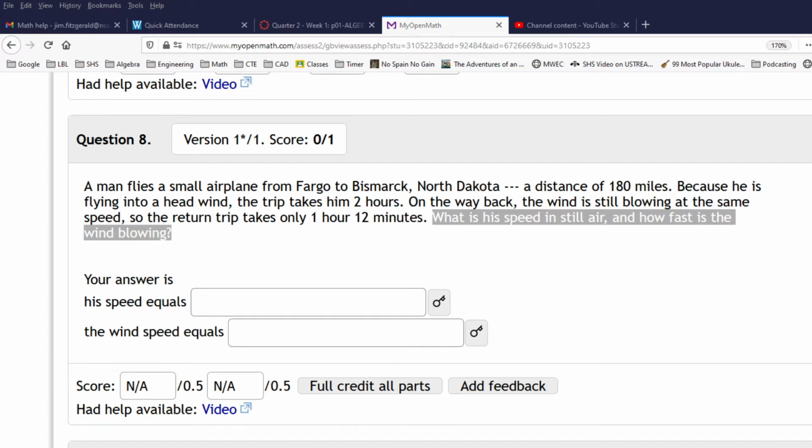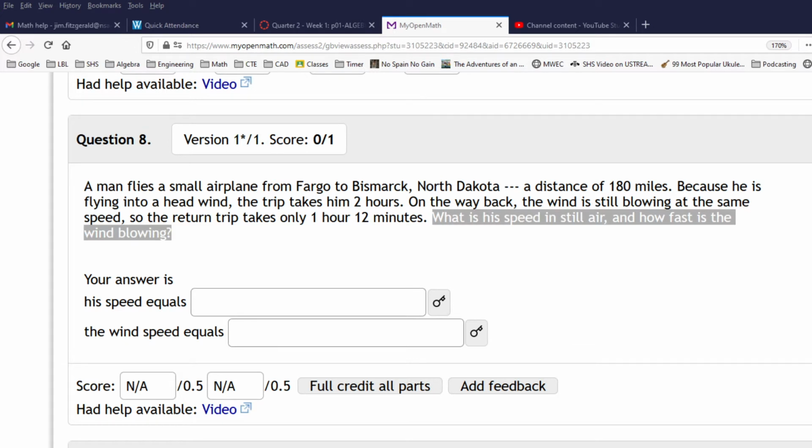But to figure out how far that airplane goes, in terms of the total speed per hour, we're going to take the speed of the airplane minus the speed of the wind, and multiply that by the number of hours. So we have 2 hours.